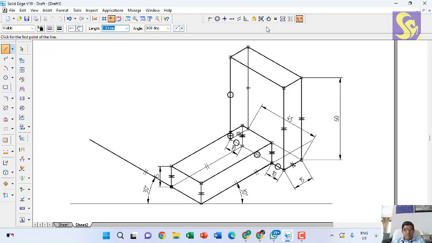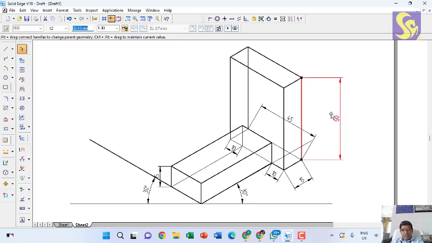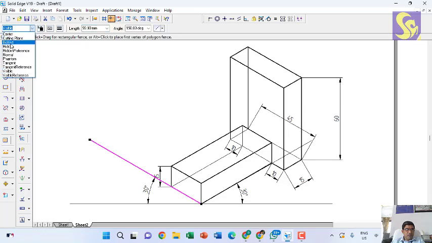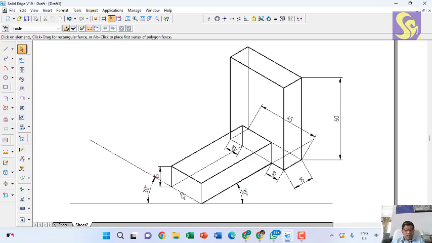So this completes the problem, but I have to scale it down. I'll use the scale. Before that I have to save this.